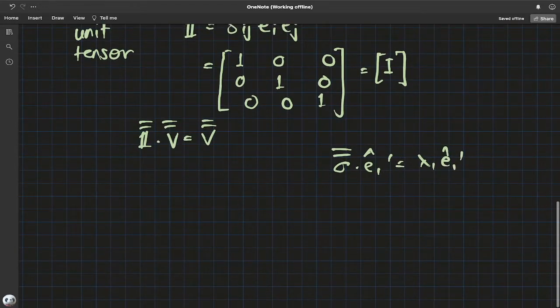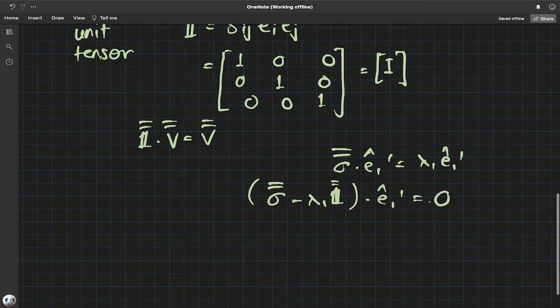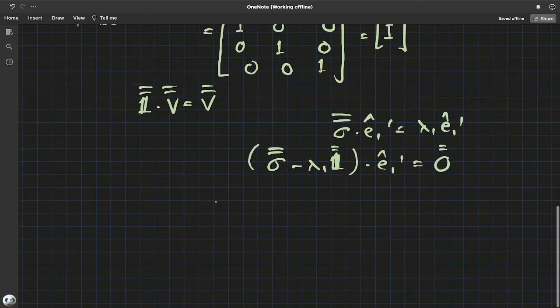I'm subtracting lambda 1 e1 prime from both sides to get sigma tensor minus lambda 1 along with the identity tensor dotted collectively with e1 prime, and this is equal to the 0 tensor, which is a matrix, which is the null matrix basically.